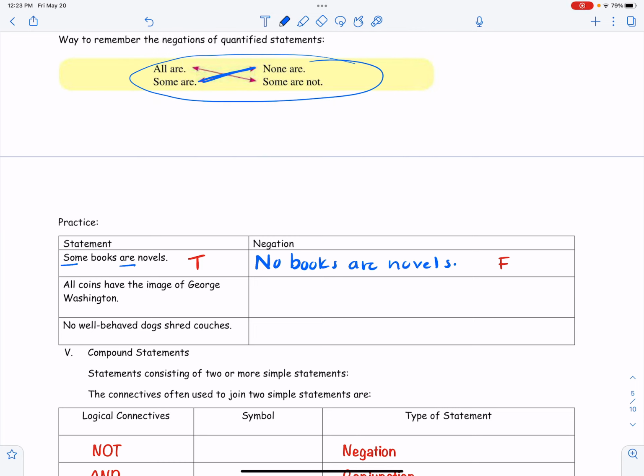My second example here: all coins have the image of George Washington. This is an all are, so the negation of that would be that some are not. In this case, some do not have. So my negation here would be that some coins do not have the image of George Washington.